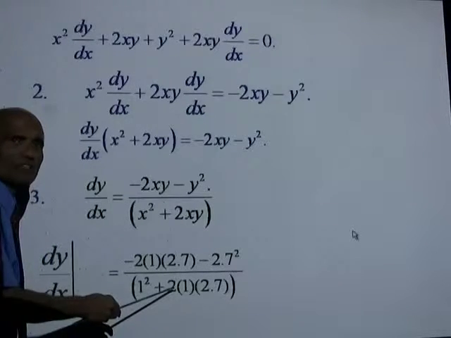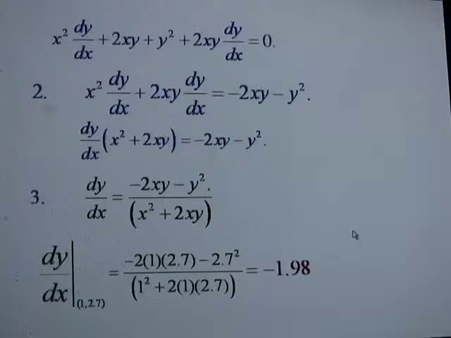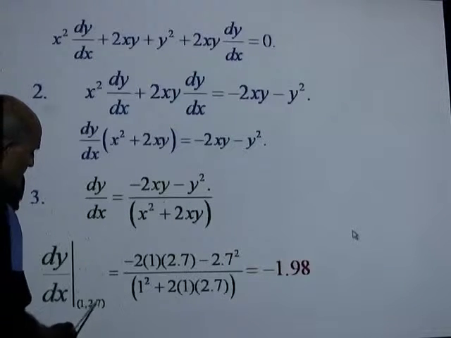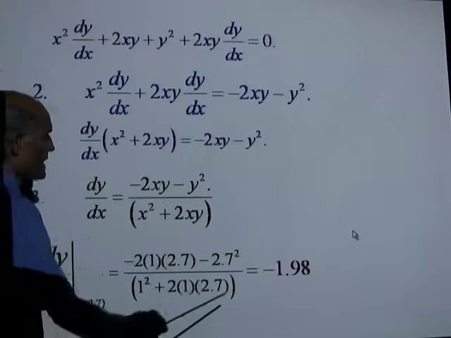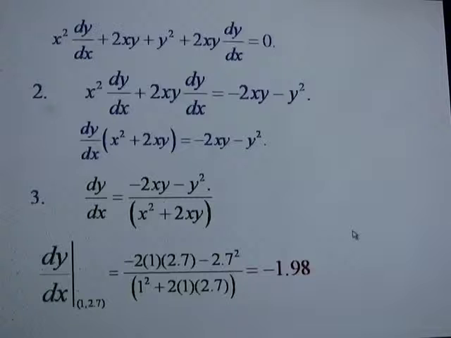You've got to check all these values and see whether you get this. It's negative 1.98. dy by dx of the given function at x equal to 1, y equal to 2.7 is negative 1.98.